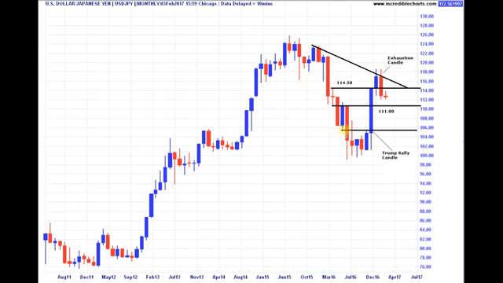I'll put the bottom of that candle there. But we're possibly looking for the whole Trump rally to be retraced even. So 111 first level, 105.50 the second level. I think 114.50 is resistance. So that's the way we see it on the monthly chart.